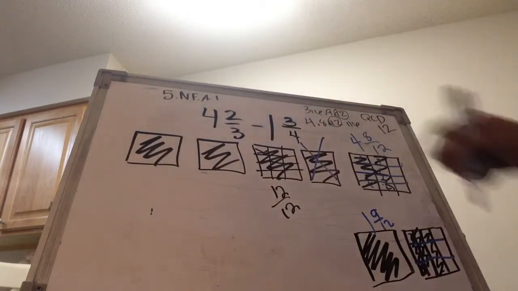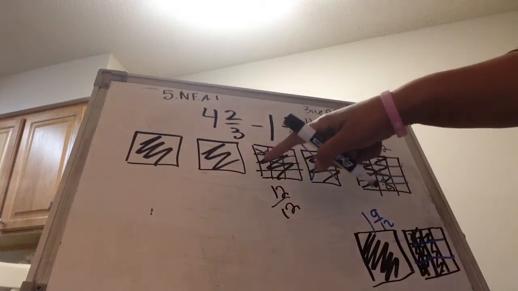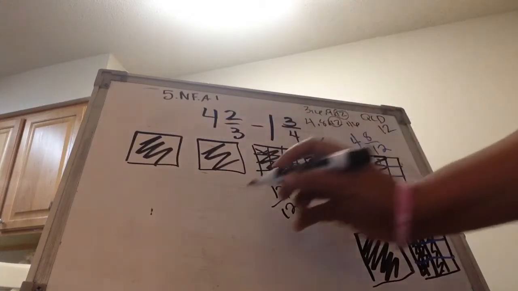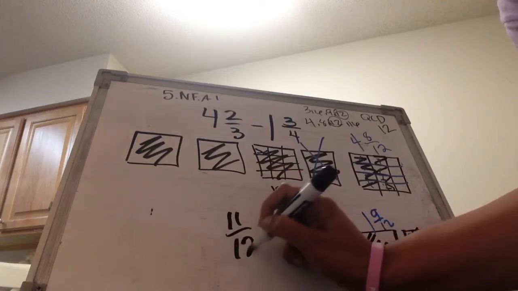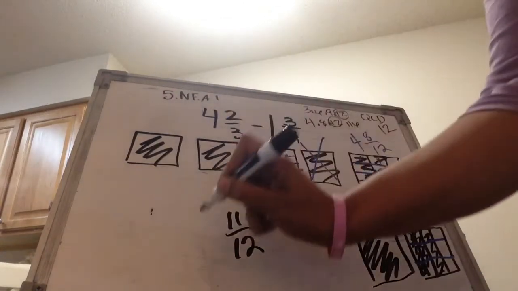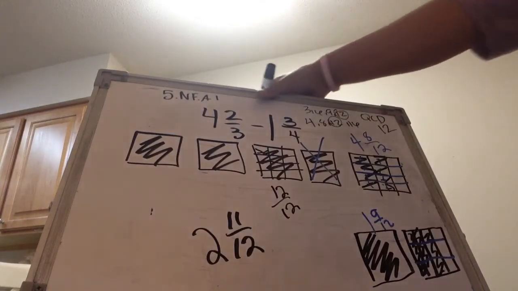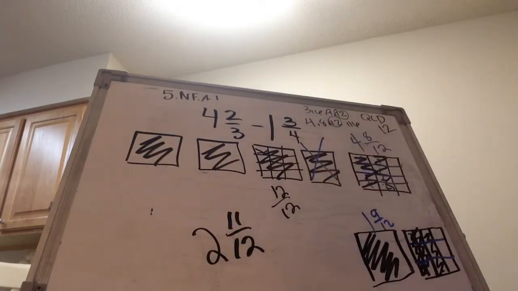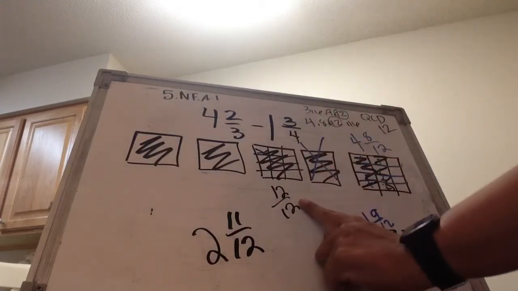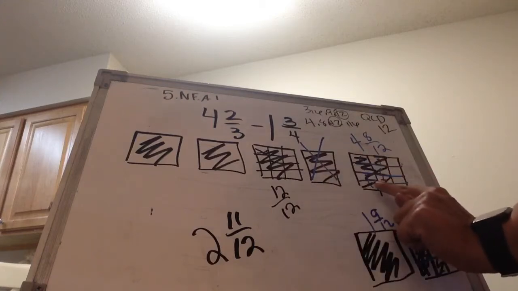And what is remaining is 1, 2, 3, 4, 5, 6, 7, 8, 9, 10, 11. I have 11 12ths, and I have 2 wholes remaining. So my answer is 2 11/12. I can also look at it this way. If I've traded in for 12 12ths, I already had 8 12ths.